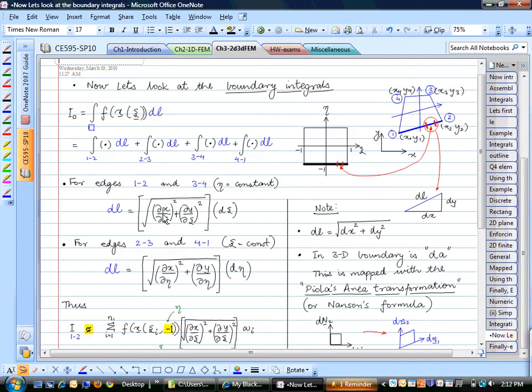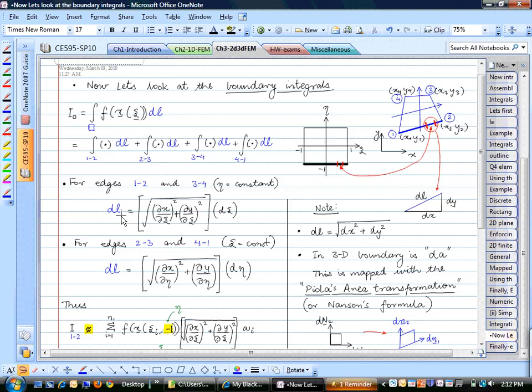So if you apply chain rule here, let's see what happens. This dl is in terms of dx and dy. Now we want to express this dl in terms of dξ, because along this edge eta doesn't change. Eta is equal to -1. Only change is in ξ.